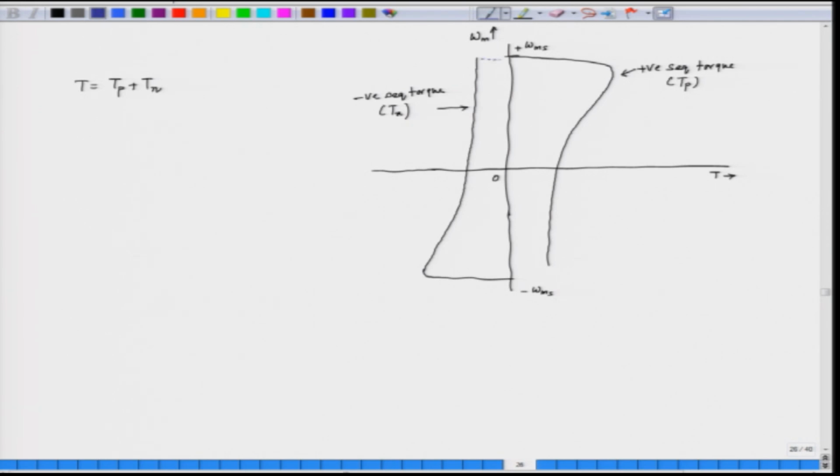This is the net torque, which is a reduced torque here, and since the positive and negative sequence fields are quite equal here, we have 0 torque when the speed is 0. So, this is the torque speed characteristic, which is the net torque of the single phase motor.